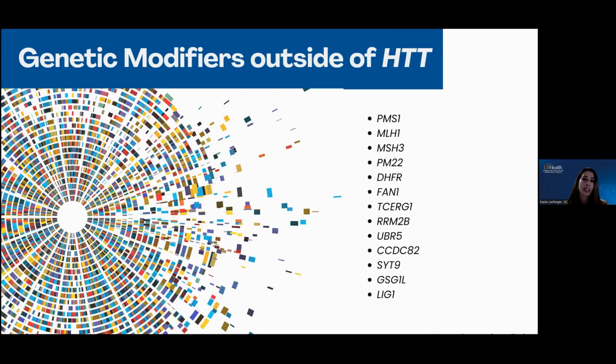For example, as the DNA in the CAG repeat is expanding and we have more CAGs, it's more prone to changing, and these DNA repair genes have an impact on that. So if they're not working properly, then the DNA is not able to be fixed and it can cause the expansion to keep growing and cause symptoms of Huntington's.